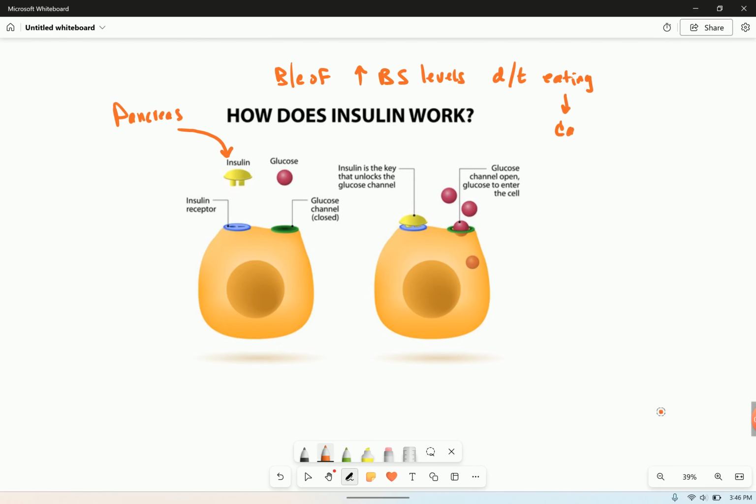Specifically carbs or sugar. So blood sugar levels spike, and the goal is to gradually bring down the blood sugar levels. So the levels are high. We'll call it 130.